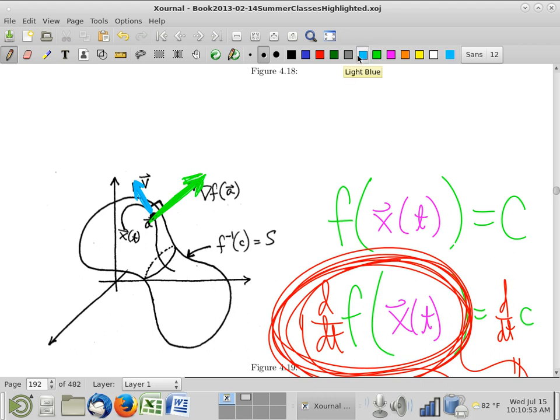Notice that velocity vector could have been any tangent vector. So that means that the gradient vector is perpendicular to every tangent vector to the surface, and therefore it's perpendicular to the surface. That make sense? Everybody happy? So we've got a few examples here.